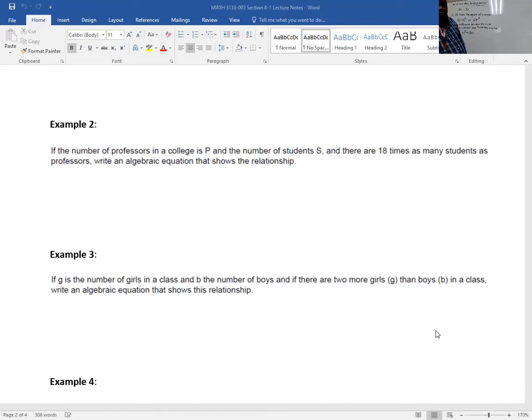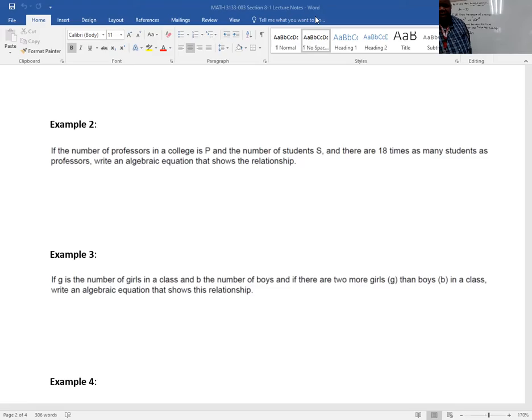So let's say we want to write an equation for this relationship, showing the relationship between the number of professors and the number of students. Okay. Well, it does say here that there are 18 times as many students as professors.